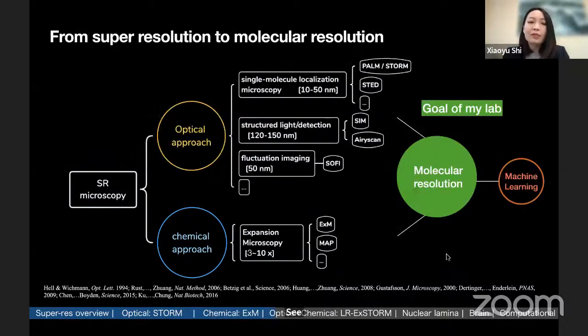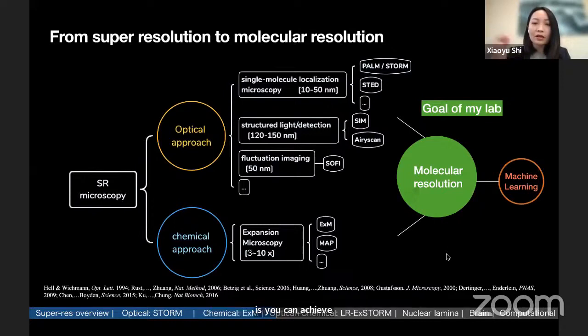And the good thing about expansion microscopy is not only that it's cheaper, but also you can use any existing non-super resolution system to achieve super resolution with this larger sample. And that gives you another benefit, that is you can achieve higher imaging depth in this way.